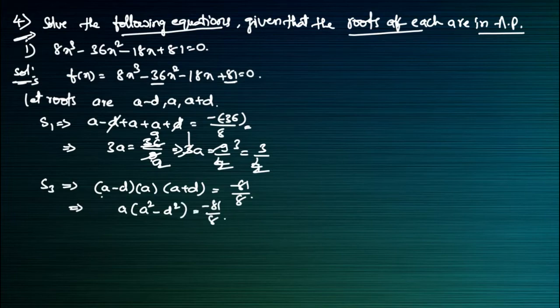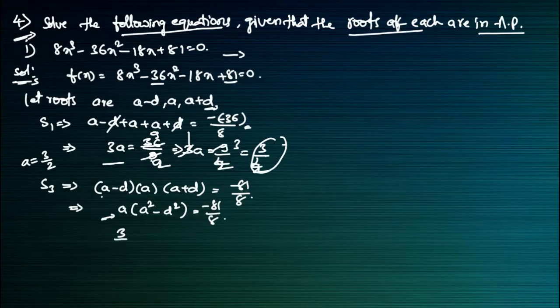So friends, why I am doing this process: I got the value of a, a is equal to 3 by 2, and if we get the value of d, then we will get the three roots for this equation. That's why I'm finding the d value here. So I will substitute the a value, 3 by 2, in this equation.